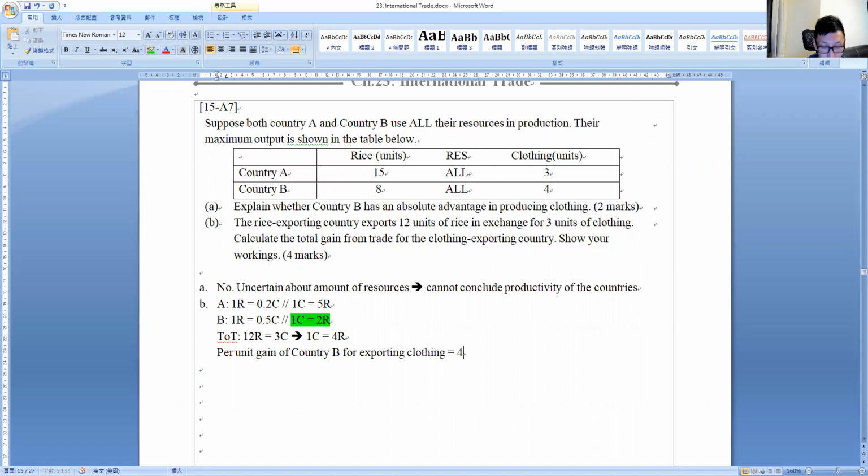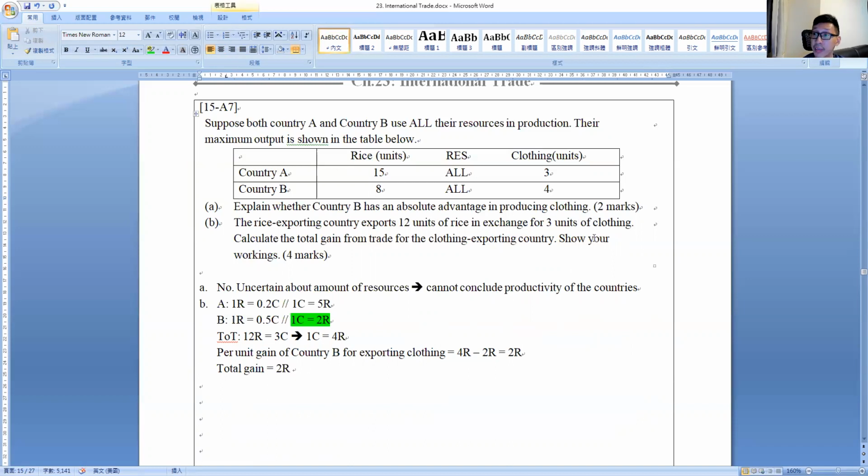It should be 4R minus 2R. So for each unit of clothing, the gain is 2R.